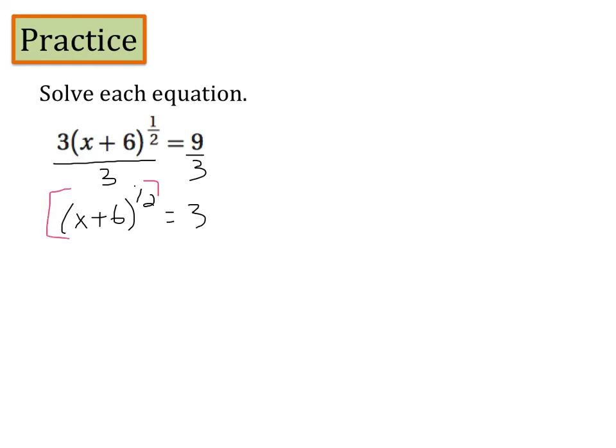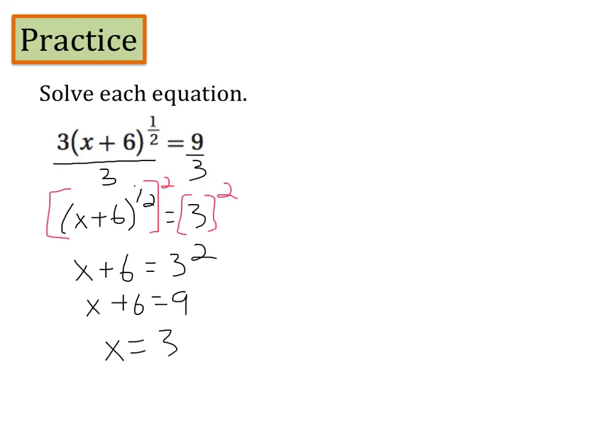Now I want to get rid of the 1/2, so I have to square both sides. When I do that, I'm left with x plus 6 equals 3 squared. 3 squared is 9. x equals 3.